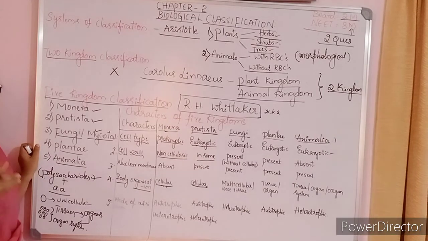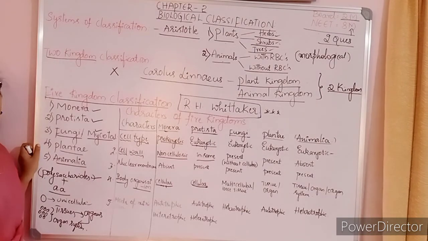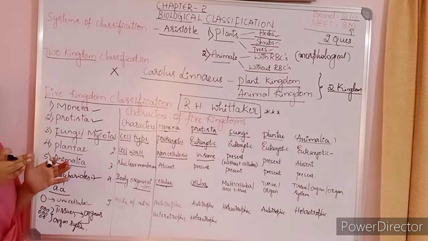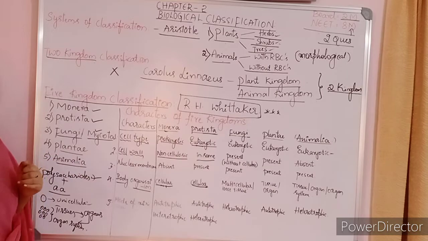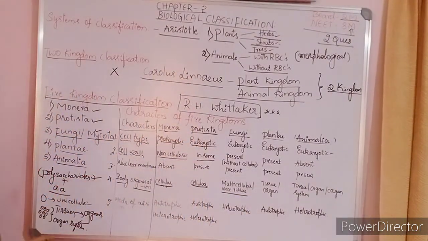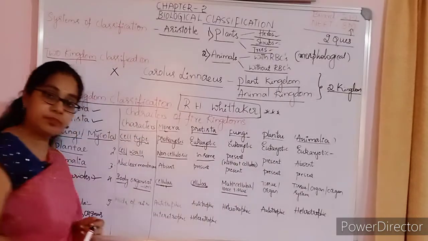For that reason, the cells are not compactly arranged to form tissues; they are very loosely arranged. That's why I have written loose tissue. Okay, coming to Plantae.